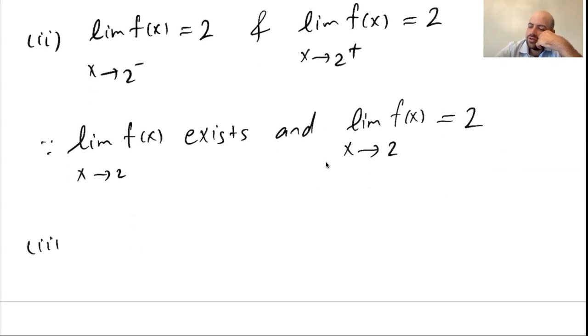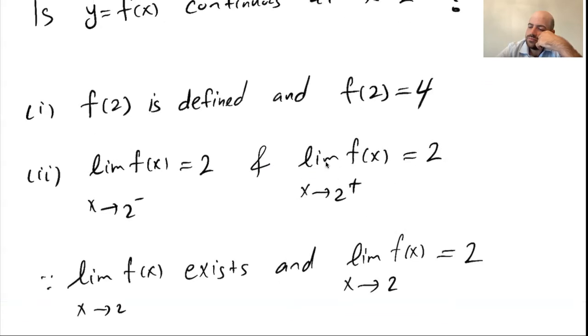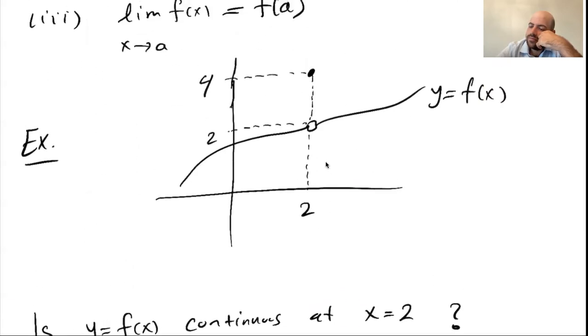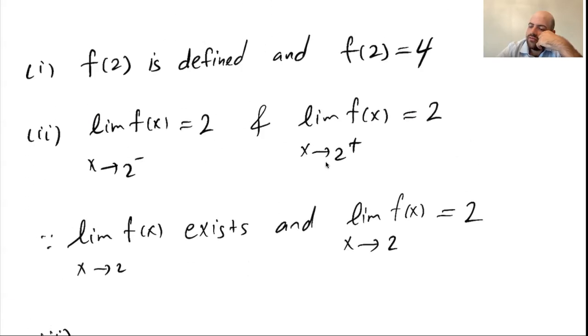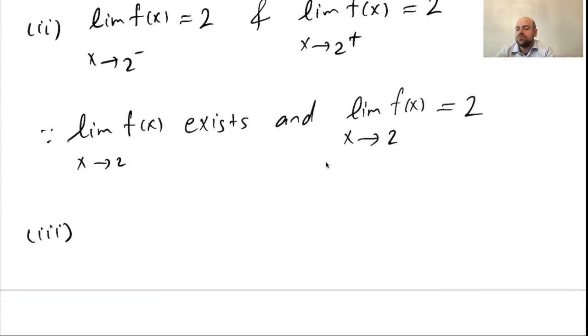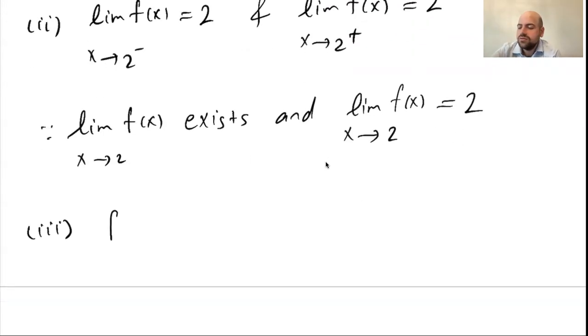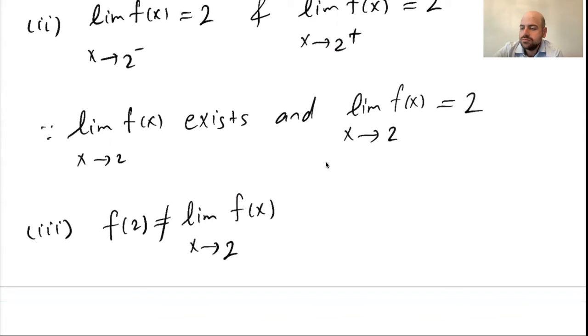And then the third condition, are they equal? So f of 2 and the limit both exist, but they are not equal because f of 2 is 4 and the limit is 2. So the third condition, f of 2 is not equal to the limit. Right?